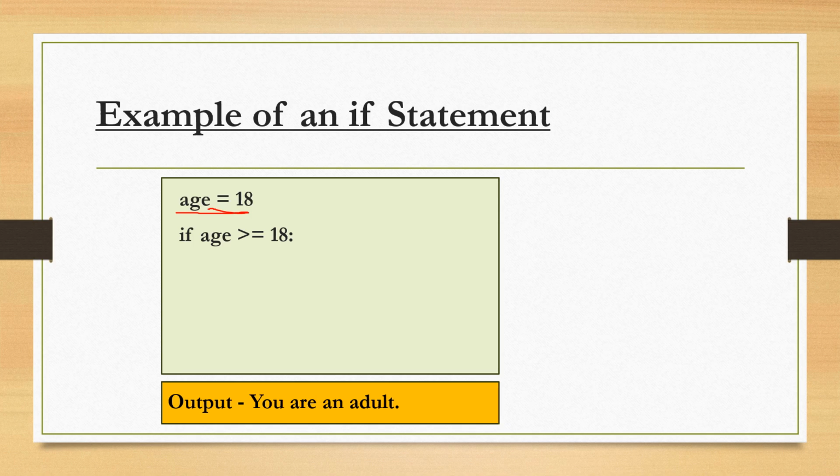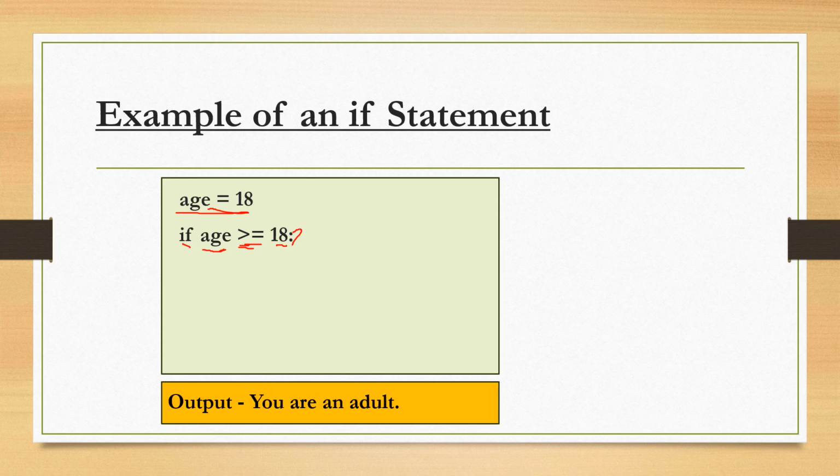First we use the if keyword, then we give age, which is a variable, and check the condition if age is greater than or equal to 18. We have already seen the comparison operators. And we have given the colon after 18. So this is the condition, and we are checking it.